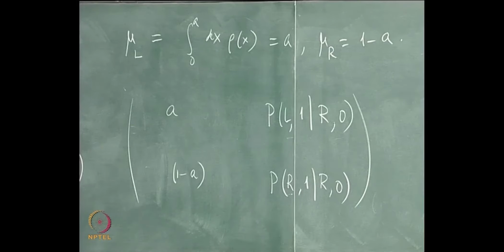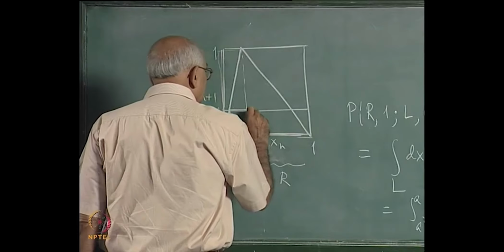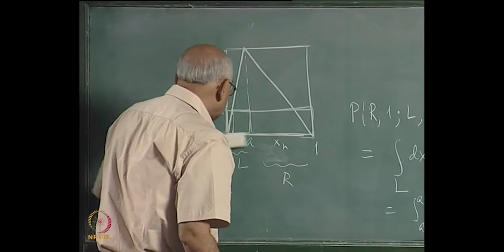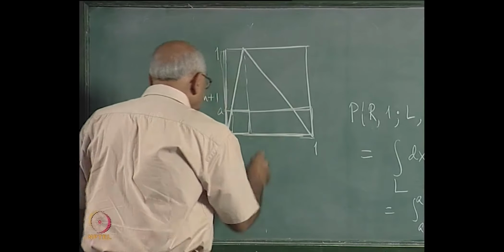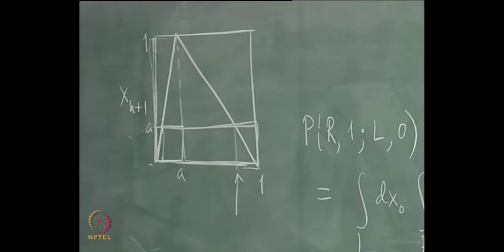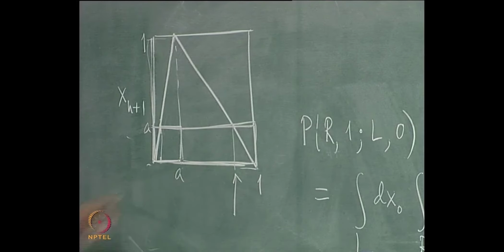Similarly for the other one, P of L1 R0, I have to integrate over this rectangle, and the only non-trivial contribution comes from this region. Now what is this point?